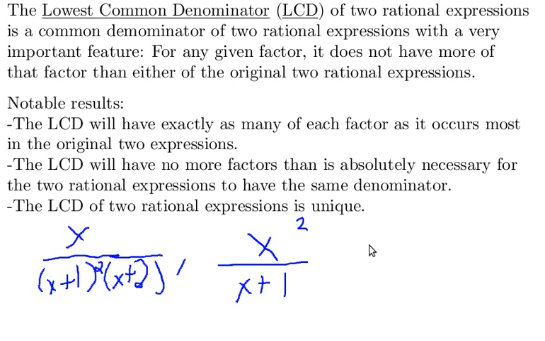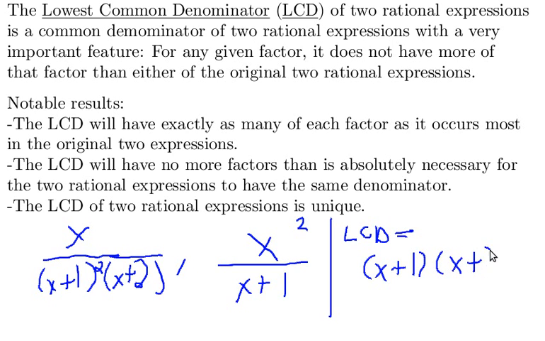See, we have two different factors here. We have x plus 1 and x plus 2. But a lowest common denominator will have as many of each factor as it occurs most of it. Okay, so let me put a divider here. LCD equals, I'm going to put it down here. So it has x, and it will have x plus 1 and x plus 2.